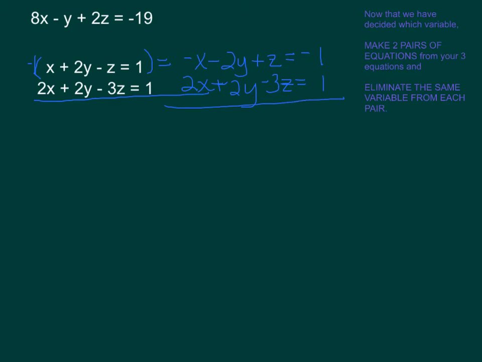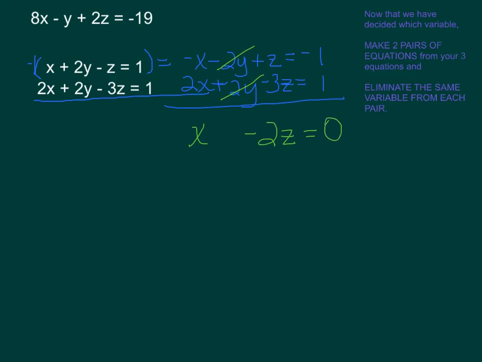So, just what I wanted to happen, happened. I've got opposite y values that cancel each other out. My goal was to eliminate the y's, and I was successful. So if I add straight down, my x coefficient becomes 1: negative 1 plus 2 gives me positive 1, so 1x, and 1z plus a negative 3z gives me minus 2z, and negative 1 and positive 1 equals 0.